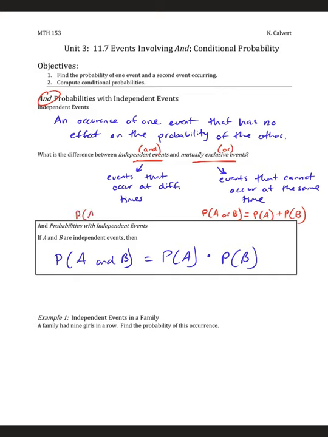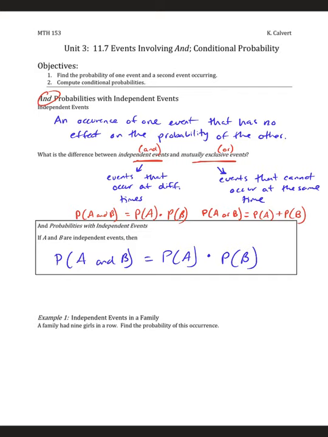So the probability of A and B is the probability of A times the probability of B. These are the two formulas. You want to make sure you understand the difference. If you're talking about mutually exclusive, you add the probabilities together. If you're talking about independent events, you multiply the probabilities together.